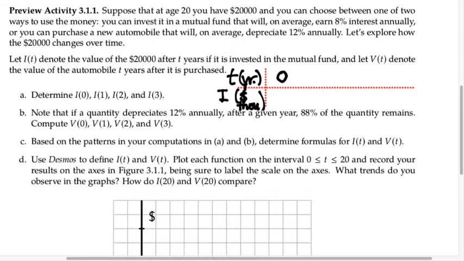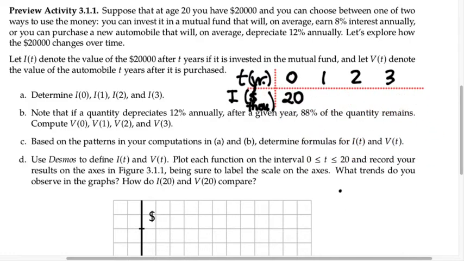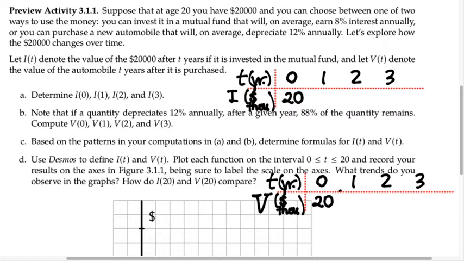In year 0, my investment is worth $20,000, and your job is to fill in the rest of the table for years 1, 2, and 3. Similarly, for the situation in which you decide to buy the car instead of investing in the mutual fund, same thing, just a table for v of t. So you'll develop a data table for each of these two situations.